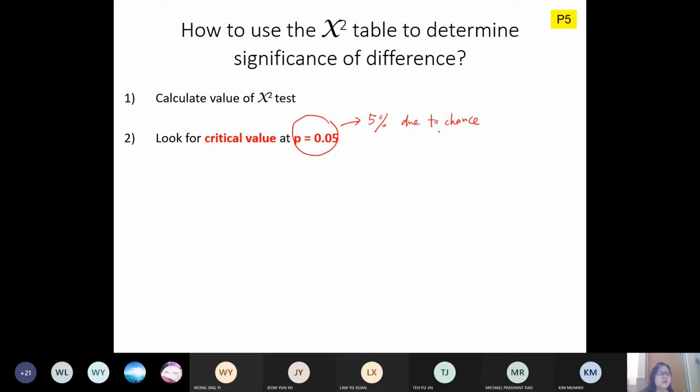It means a very low probability that it is random, which means it's statistically significant, significantly different. That's why we use 0.05. Critical value is a value in the table.